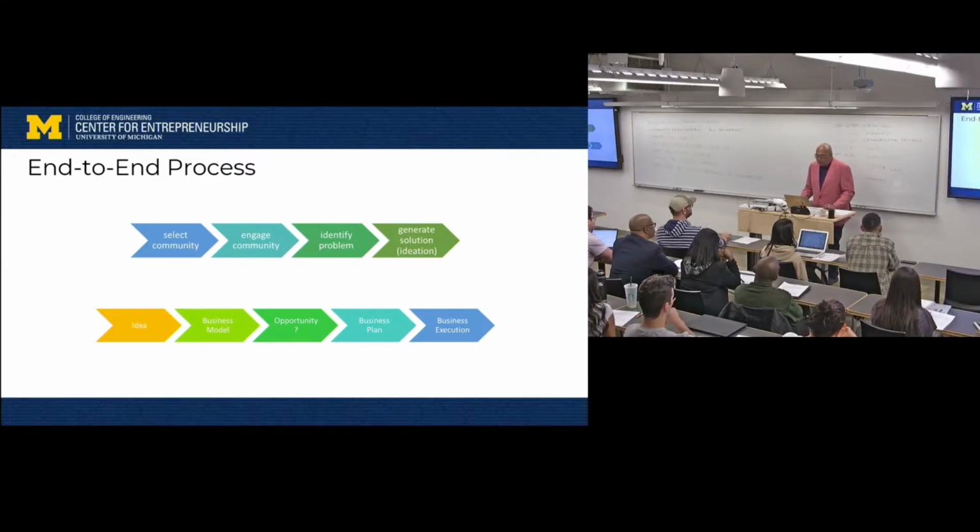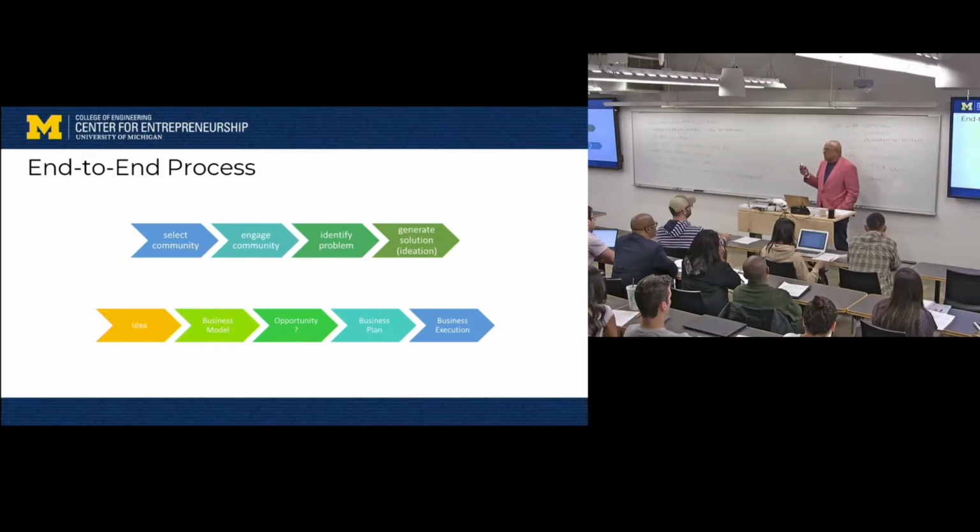And so we start out by identifying the problem that your business is attempting to solve for the community, or what need is your business fulfilling. And the students need to understand that, document that, validate that, and that's where this whole design process starts.